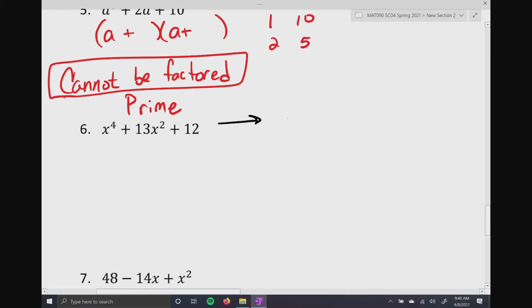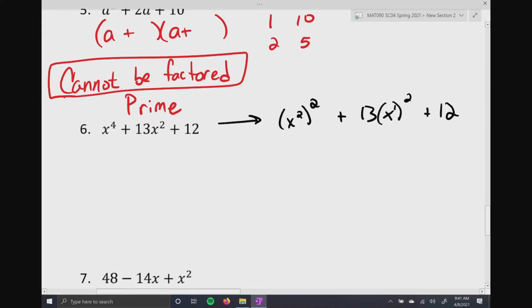If I look at that x to the 4th, I know x to the 4th can be rewritten as x squared to the 2nd power. Because remember, when you have a power raised to a power, you multiply the powers together. Okay? And x squared, well, if I just wrote it like this, now I have x to the 1st.